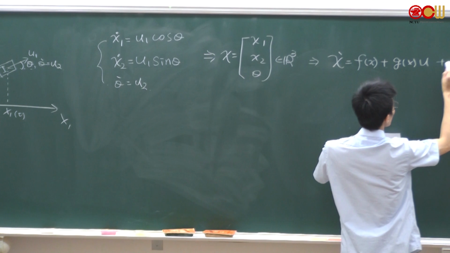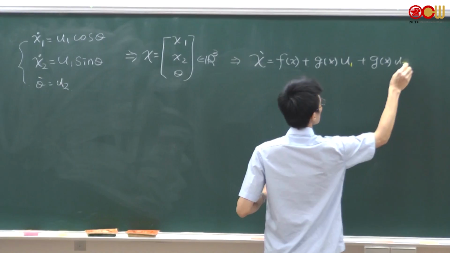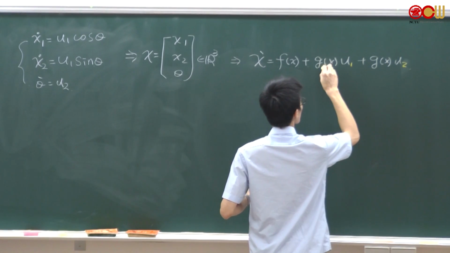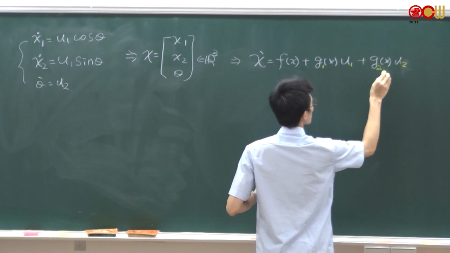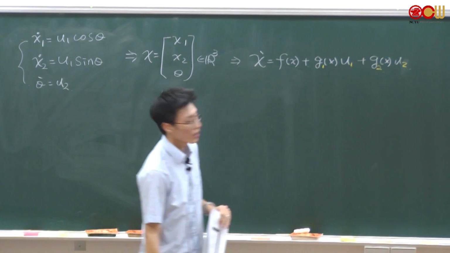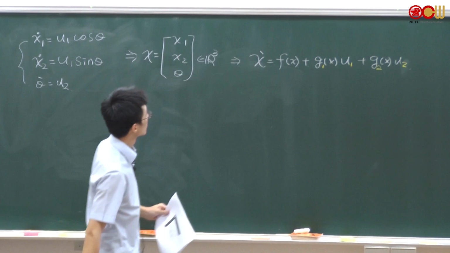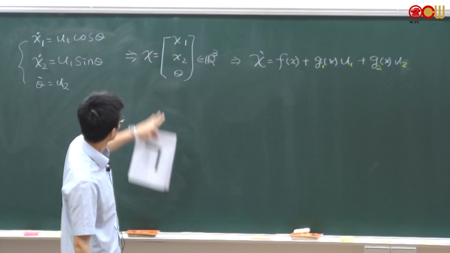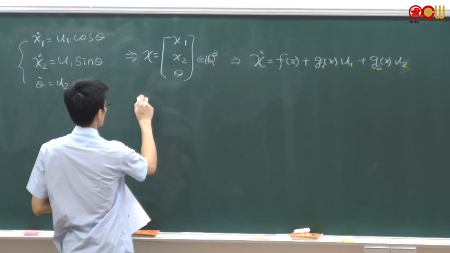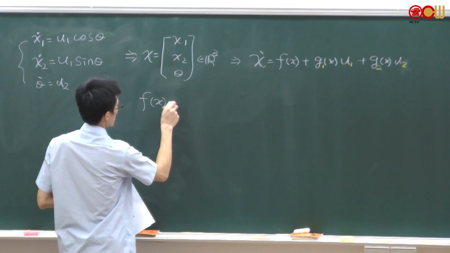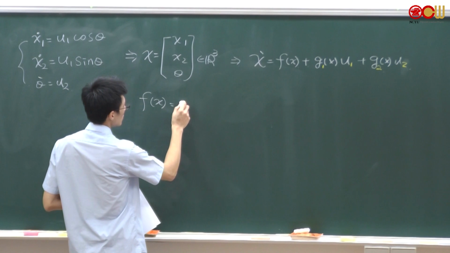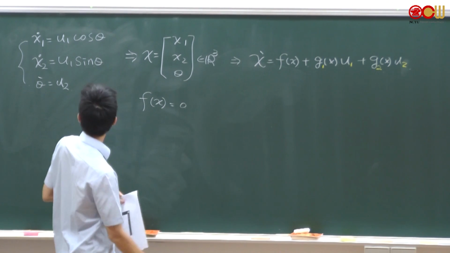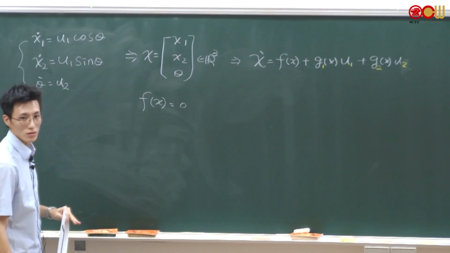So you will have u1 and u2. If that definition is okay, given x, what is f? Zero, right?